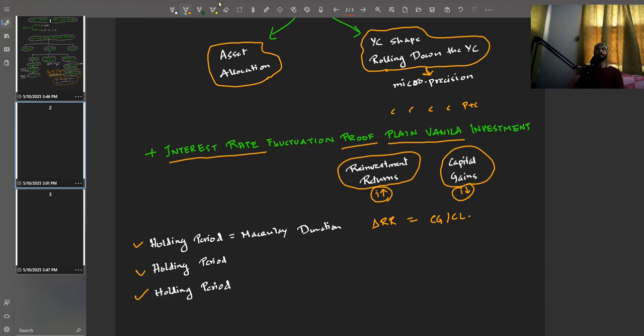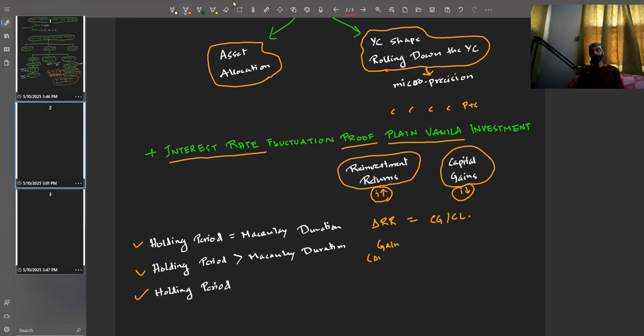Now, what happens if your holding period is greater than the Macaulay duration? Obviously, you are holding the bond for a longer period of time. You will be getting periodic payments or coupons for a longer period of time. So here you are exposed more to the reinvestment returns than to the capital gains or capital losses. So here, if interest rates rise, you gain more. Why?